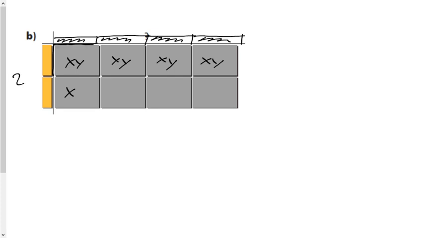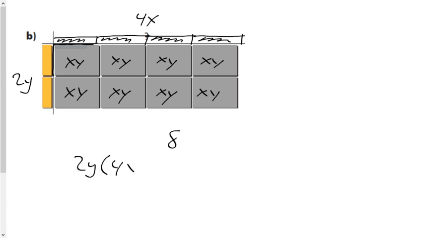So 2y multiplied by 4x equals 8xy. Notice here, if I put my y first and my x second, when I made my answer, I rearranged the variables. I didn't say 8yx. In algebra, if you have more than one variable, it's proper form to keep the variables in alphabetical order. So you have to rearrange it back to xy because x comes before y.